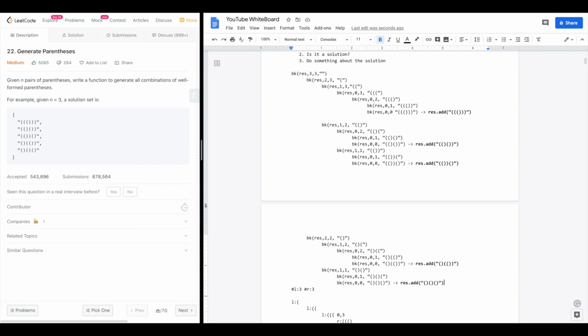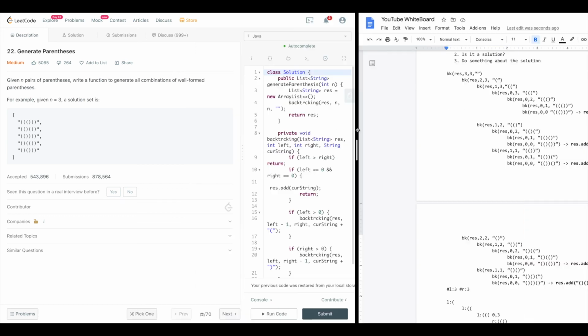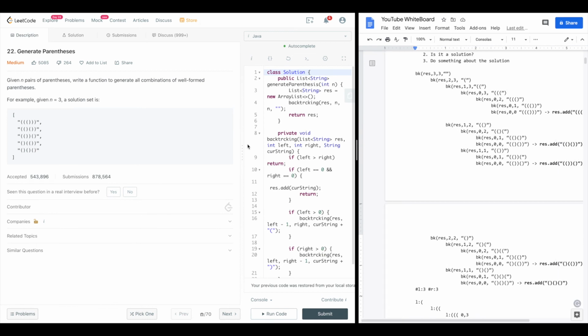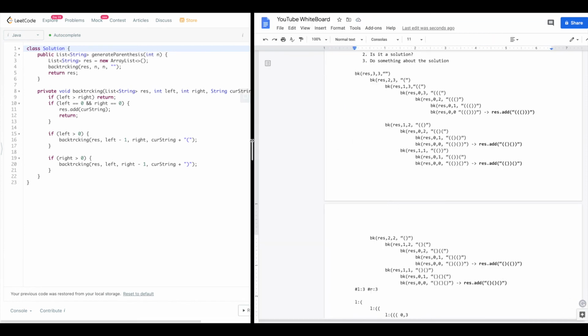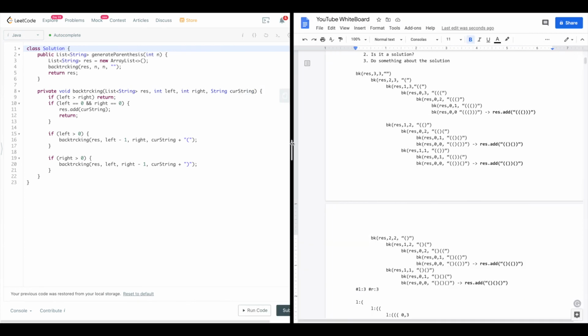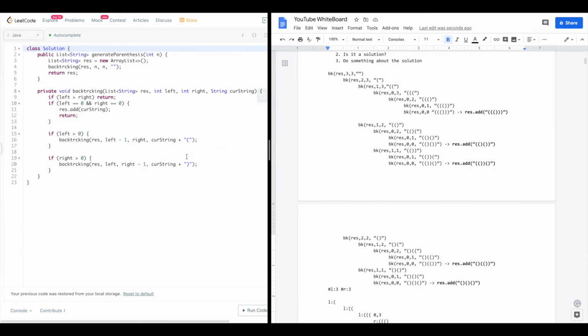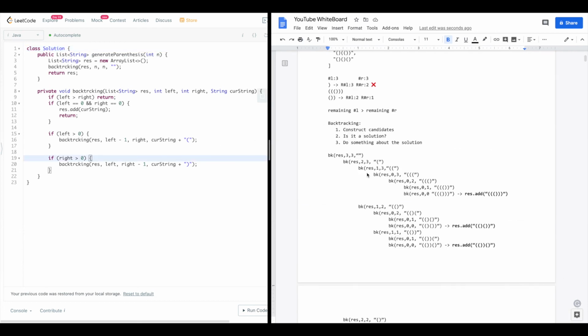Okay, I will show my code over here. The code is very easy.